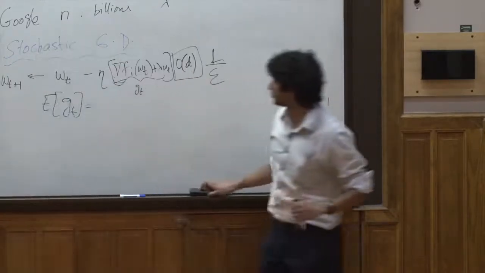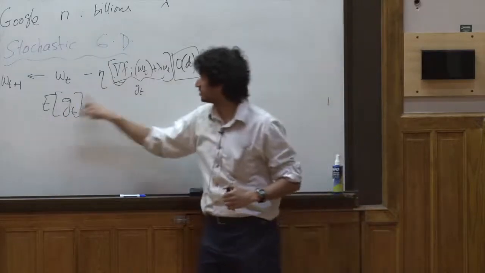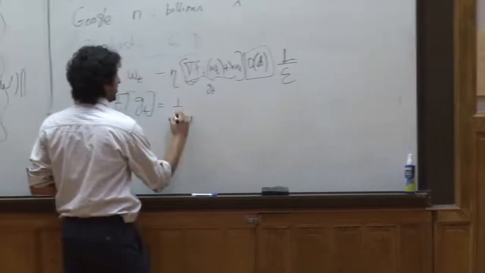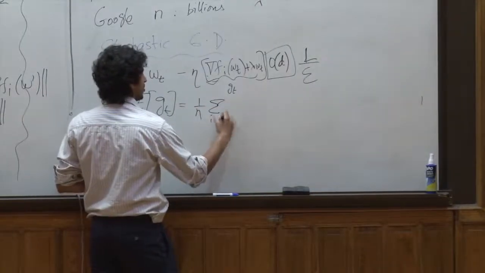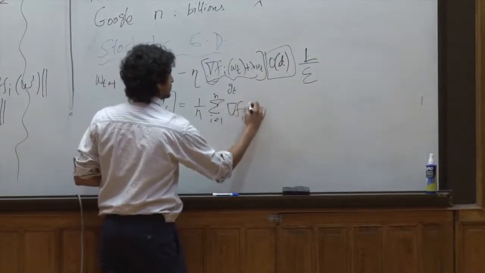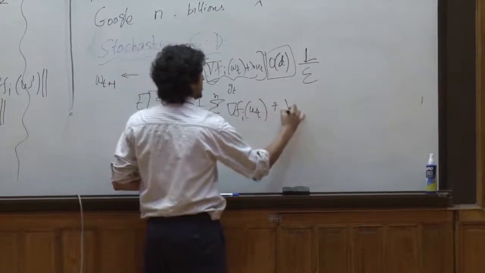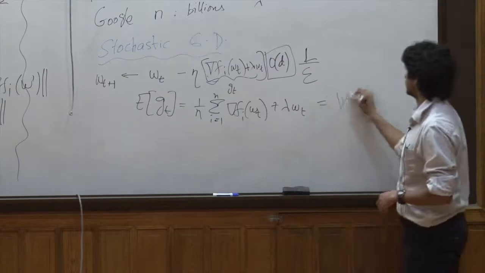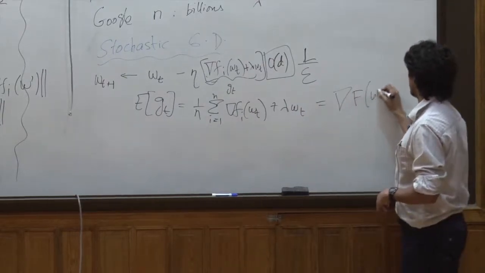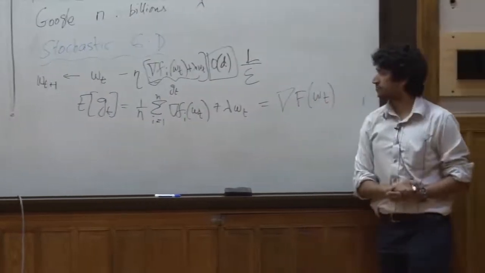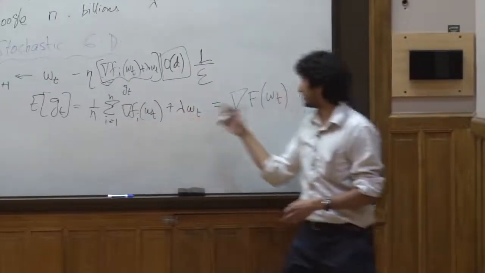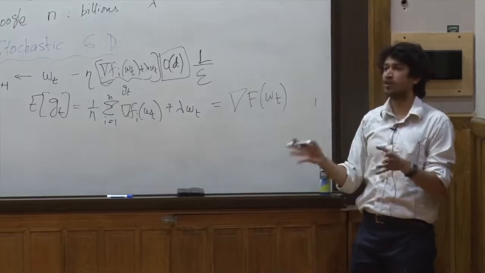The expected value of gt, where the expectation is only over the randomness of choosing the ith point, is just the average of all of those gradients plus lambda times wt, and that's equal to the gradient of f at wt. So it is an unbiased estimator, and it is working on a strongly convex function.